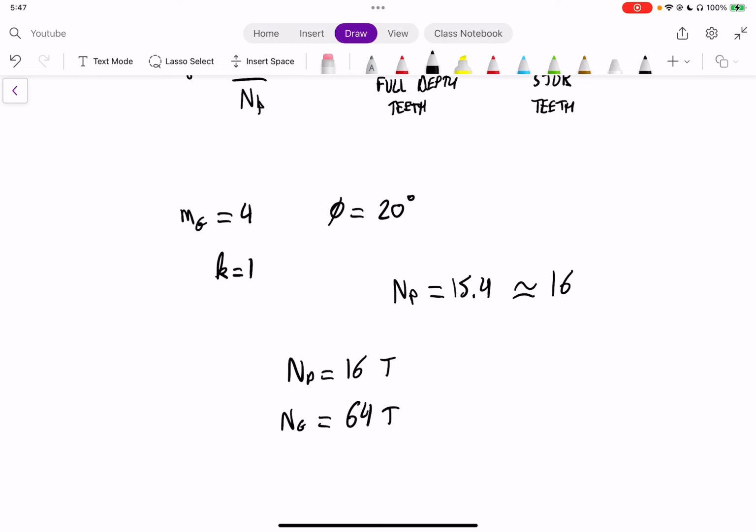Let's say you designed a gear train with a number of teeth on the pinion of 12, you would have to double check that you wouldn't have interference based on the gear set that you have. And obviously the number changes with the m sub g term, the phi term, as well as the k term.